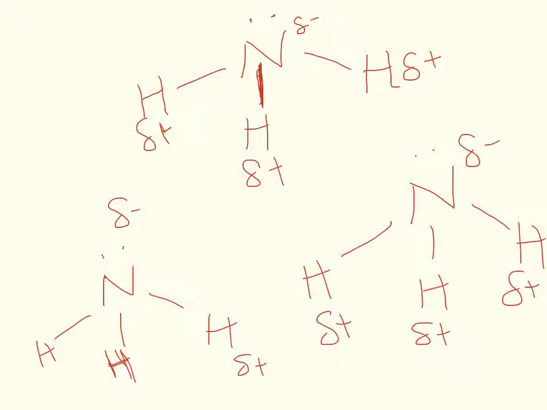So this negative charge is attracted to this positive charge. This interaction is known as hydrogen bonding. They say hydrogen bonding or hydrogen bond, but it's not exactly a bond, but it is an electrostatic force of interaction between molecules.